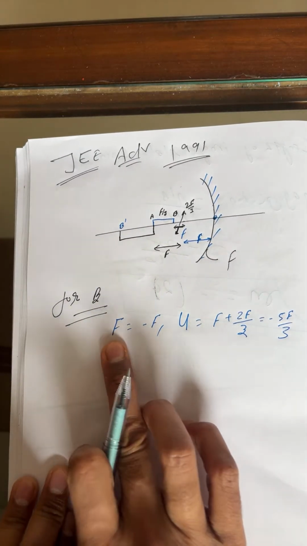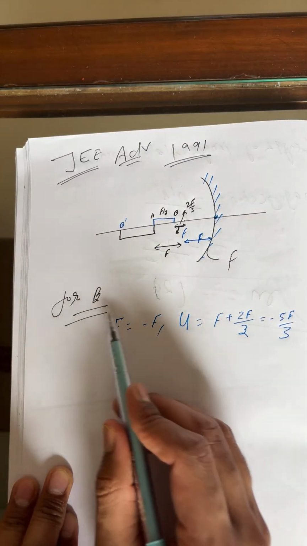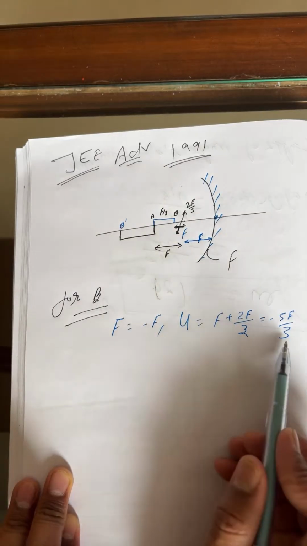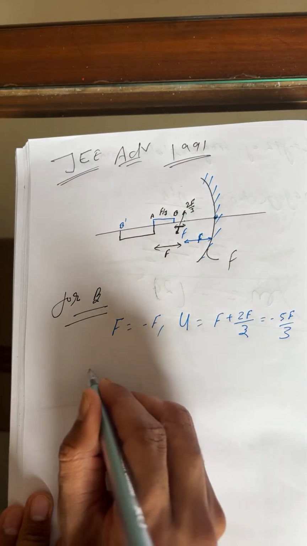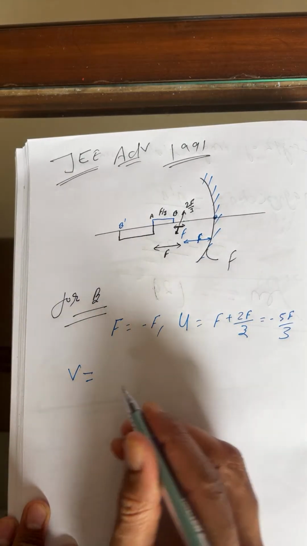So finally, the focal length for the mirror is minus F, and for the B position, from geometry, the object distance is minus 5F by 3.